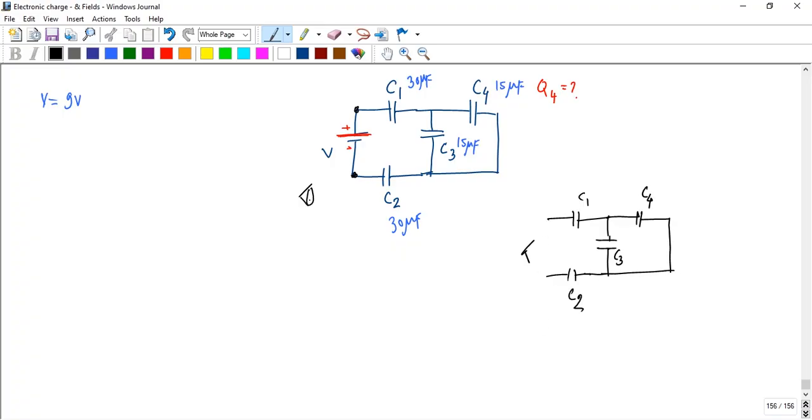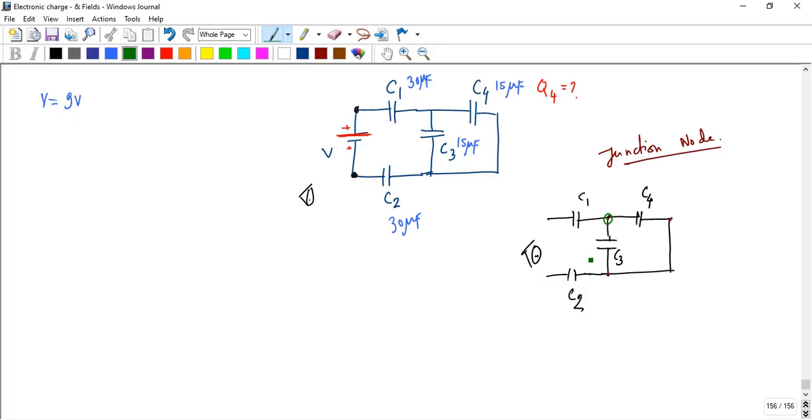Now we count the nodes here. There is one node and another node, and there is another node also. Now find the junction nodes. How do we find a junction node? What defines a junction? A junction means more than two branches or paths are connected.